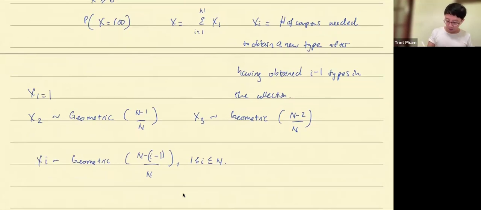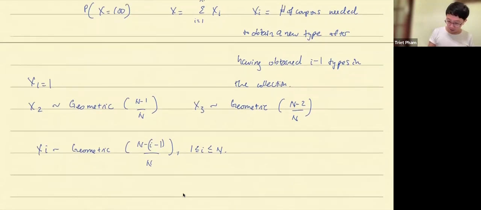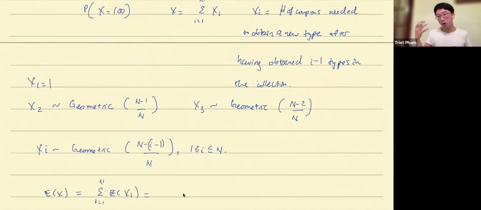So then the expectation of x, the total number, is just the sum of the expectations of xi. But if xi is geometric like this, then the expectation of a geometric is 1 over p.